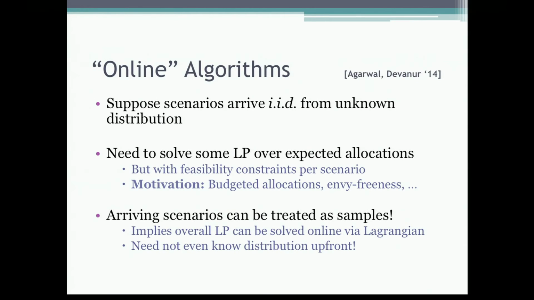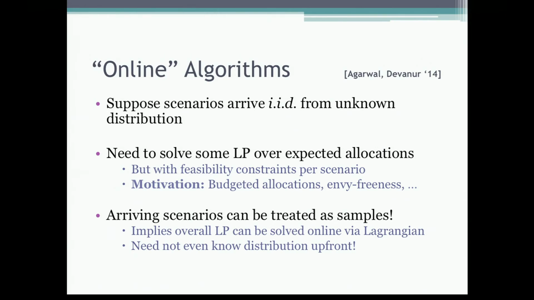And you can do the same thing online. Once you think of sampling, and that sampling works, then I don't even need to know the distribution upfront. As long as I have samples coming from a distribution, I can treat whatever I'm getting as input as samples from a distribution, so I can just estimate whatever I want to solve over those samples.